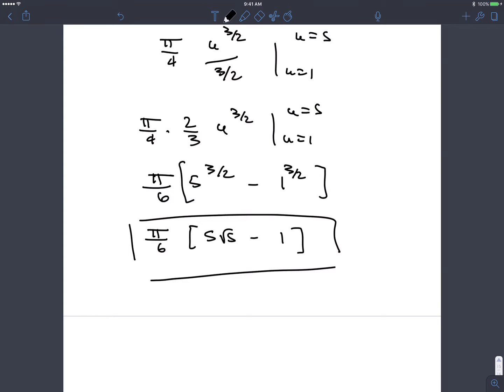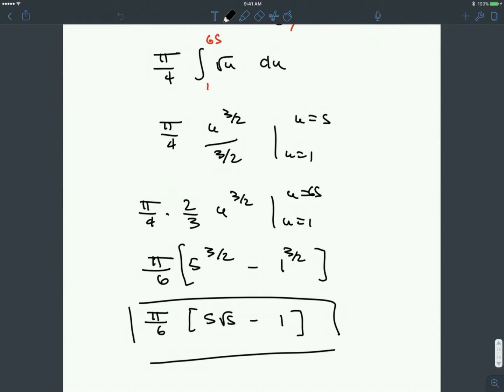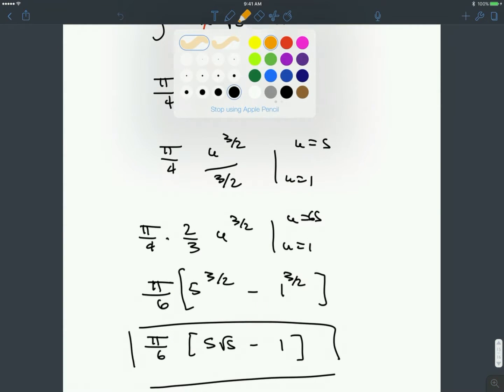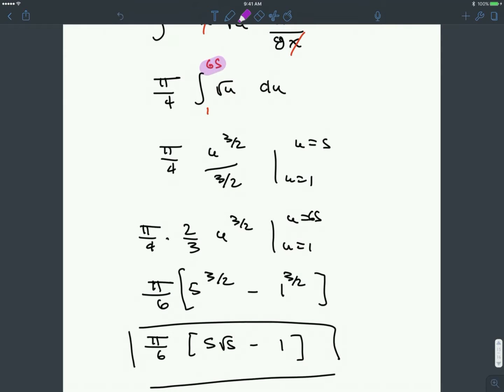Double check. 65. Thank you. Where did I get this 5? Okay, this is the answer we got a little earlier. However, there is a typo, because remember, u is 65 and u is 1.